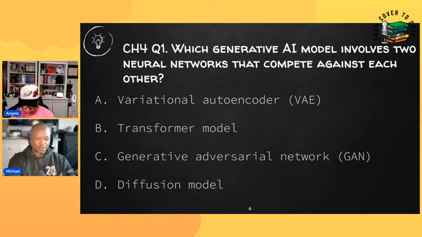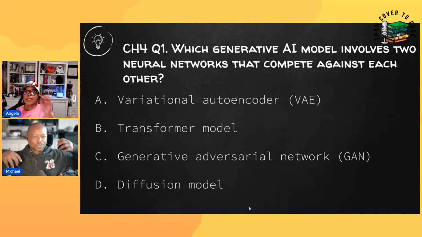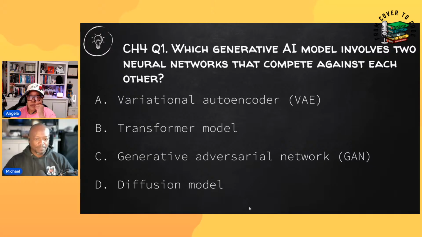The diffusion model had a couple of different parts, but they weren't competitive. Which leaves us with C. They work together in concert. So I'm going to go with C, mainly because you see the word compete, you see the word adversarial, and that kind of locks it in.